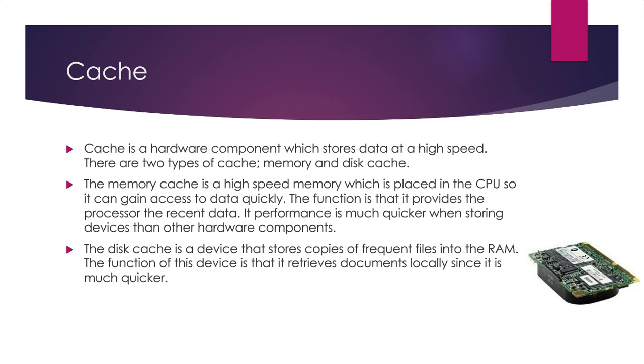Disk cache is a hardware device that stores copies of frequent files in the RAM. So that one works through the RAM, not through the CPU like the other one. It makes the CPU more powerful, or more adapted, if that's the right word to use.